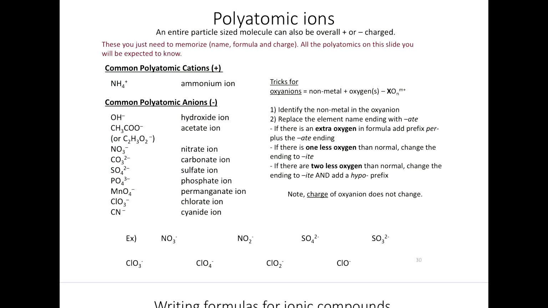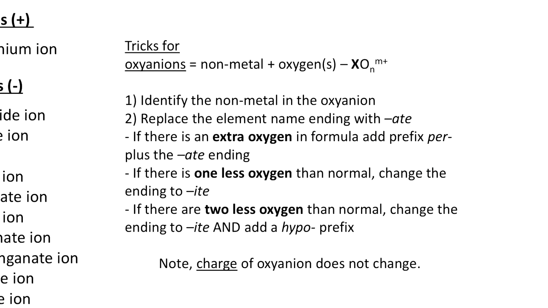There are some rules, okay? Notice how a lot of these end in the ate ending, like ate ion. The trick for oxyanions is that if you start adding or removing oxygens, it follows a certain form. Identify the nonmetal X in your oxyanion, that's your base name, like sulf in sulfate or nitr in nitrate. If you add an extra oxygen to the regular formula, add the per prefix and keep the ate ending.